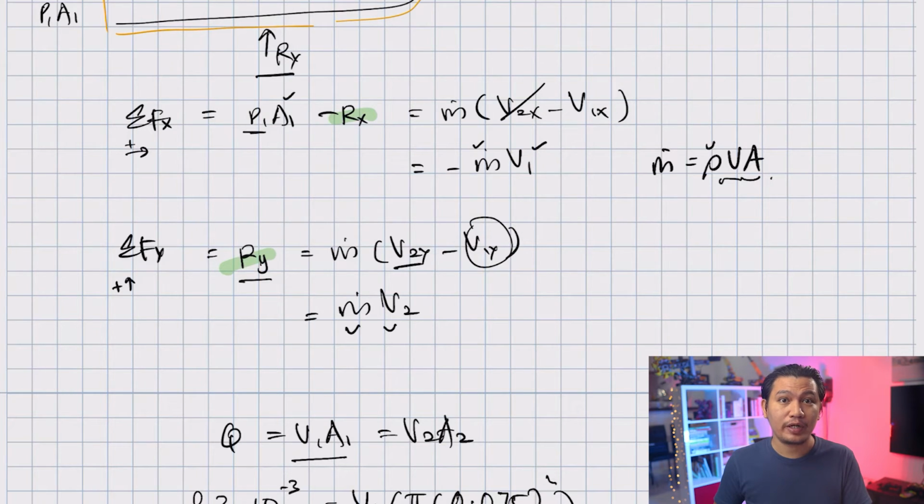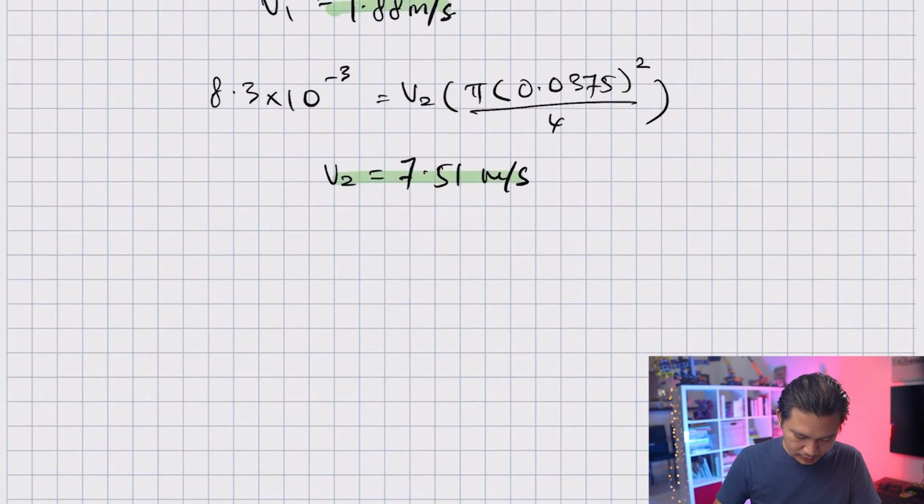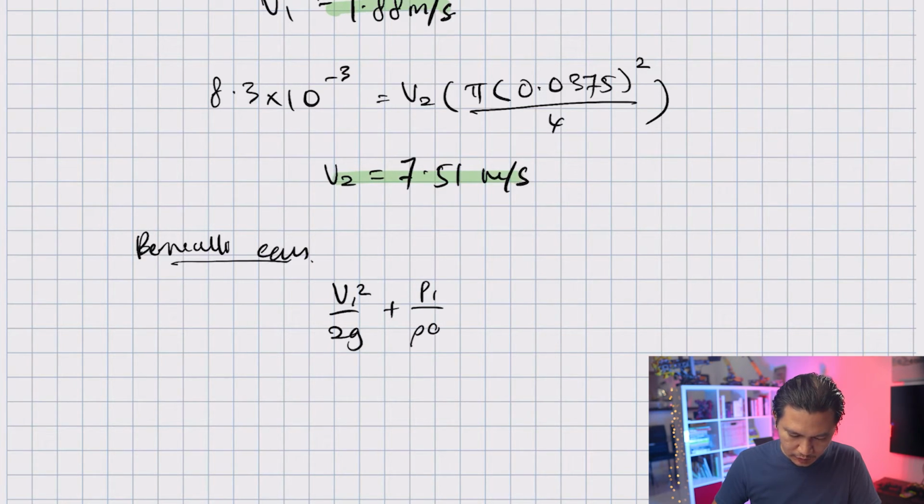And as usual, when we have velocity and we need to find pressure, we can go back to Bernoulli equation. And Bernoulli equation says, that is V1 squared over 2g plus P1 over rho g equal to V2 squared over 2g plus P2 over rho g.